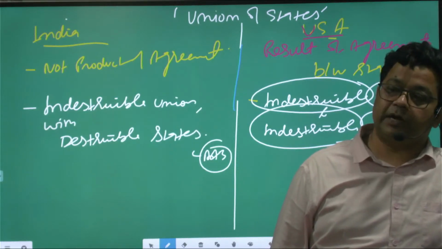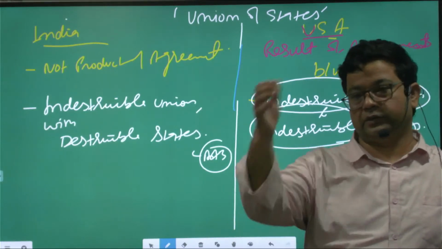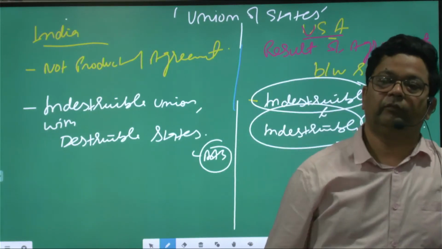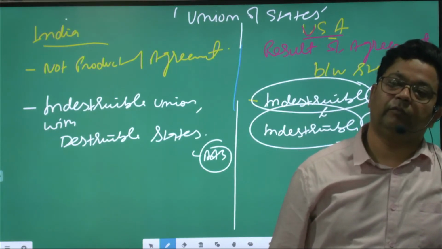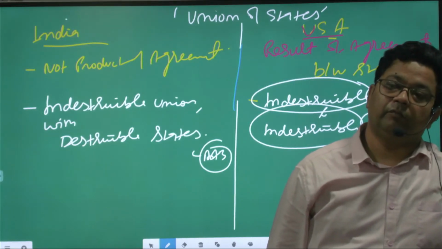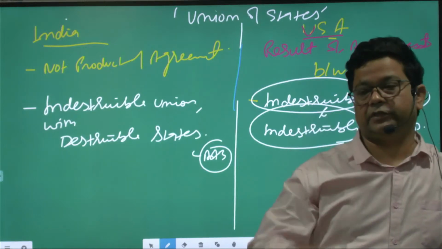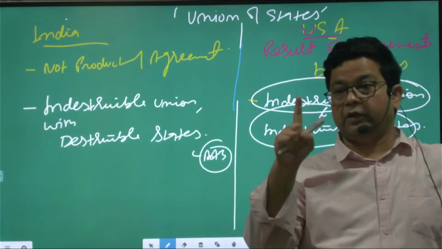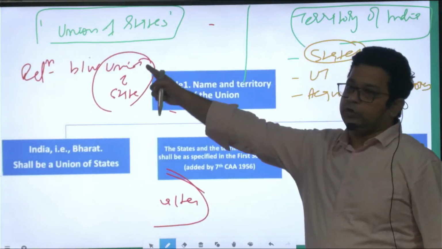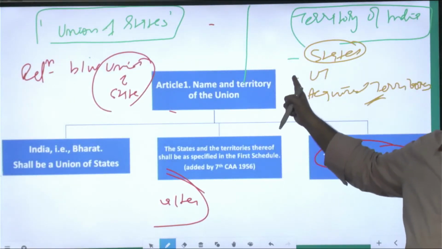So under which power is it ruling us? People from regions where they are not given the opportunity to elect their representative are electing representatives for the Lok Sabha. You need to understand the two things: union of states and territory of states.